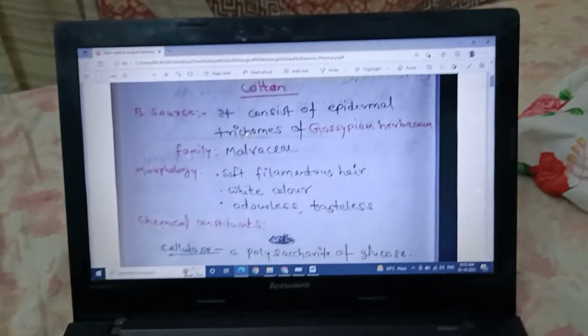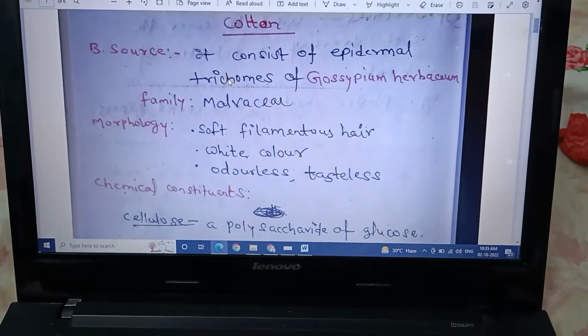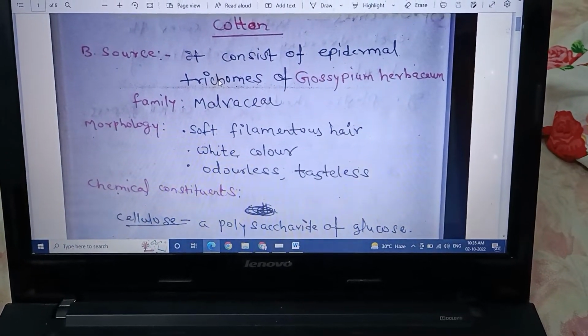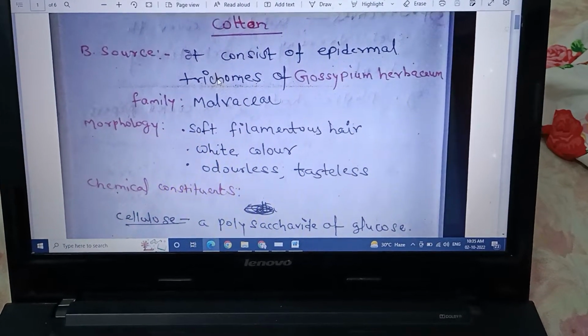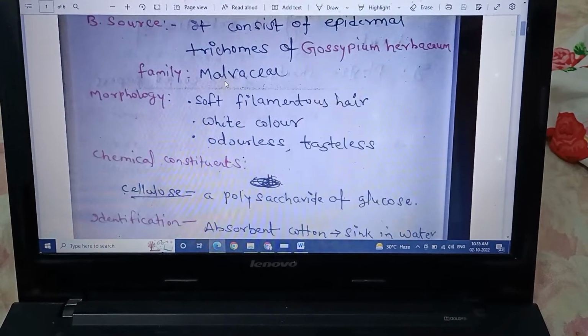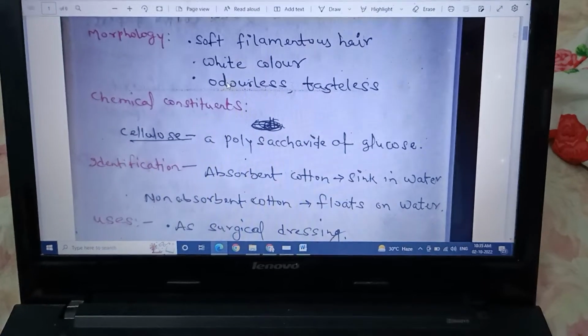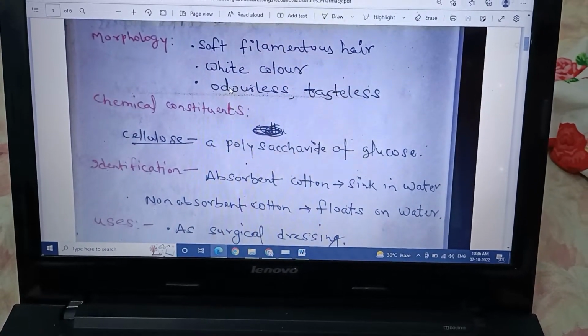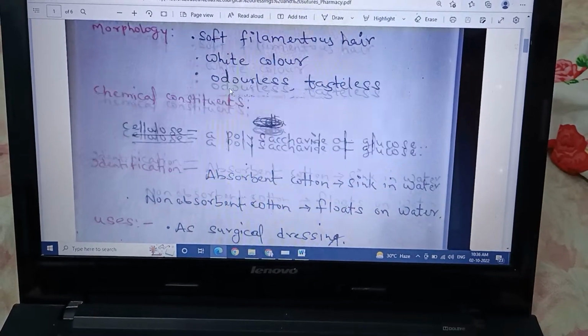Hope you all know about cotton. The morphology: it has soft filamentous hair, white color, odorless, tasteless. The chemical constituent is cellulose; cotton is made up of a polysaccharide of glucose.